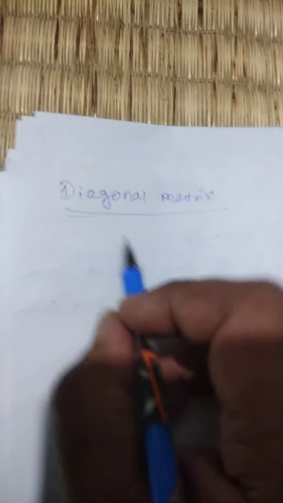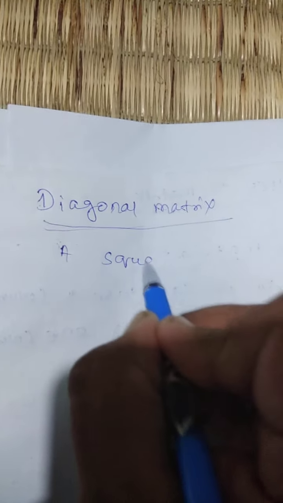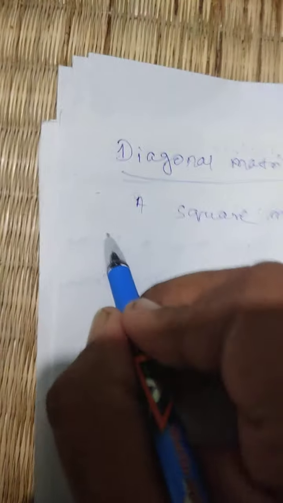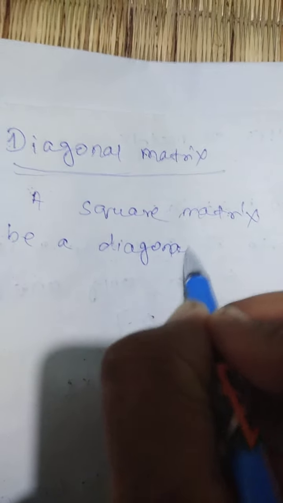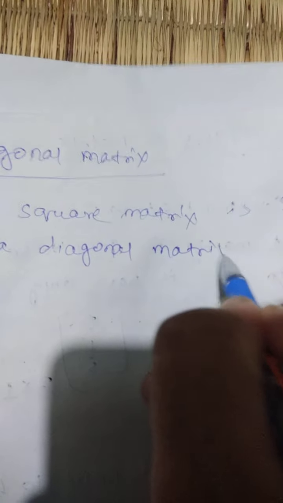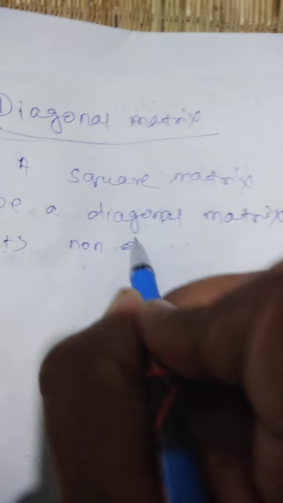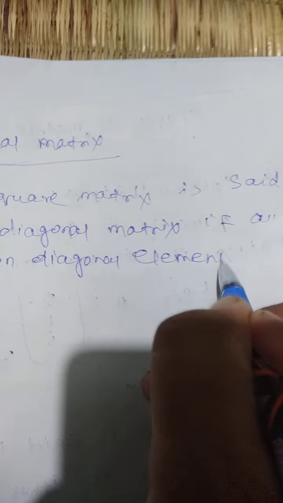Then diagonal matrix. Now what is a diagonal matrix? A diagonal matrix is a square matrix. A square matrix is said to be a diagonal matrix if all its non-diagonal elements are 0.